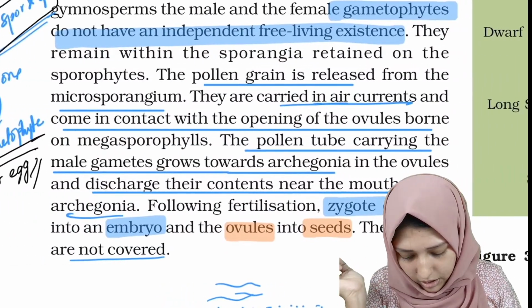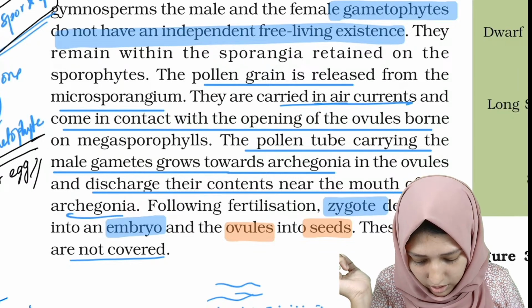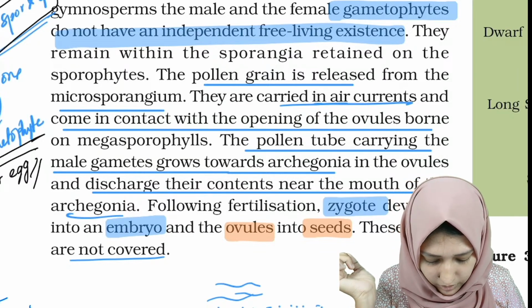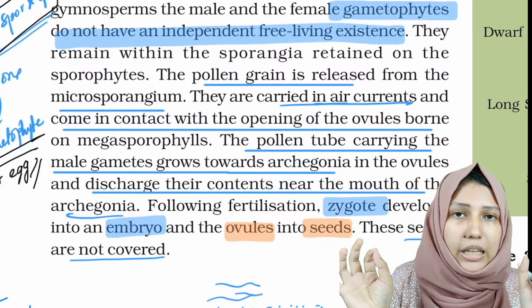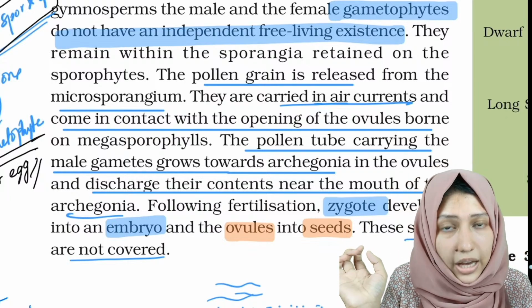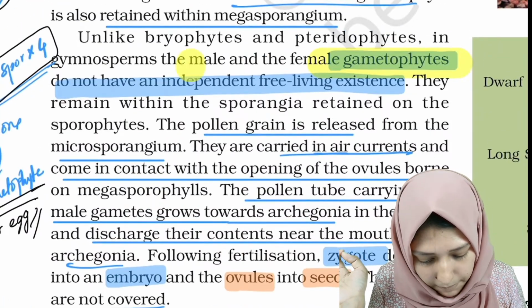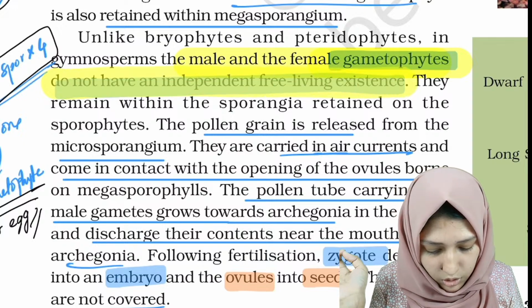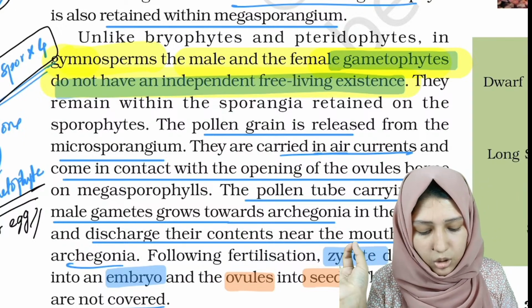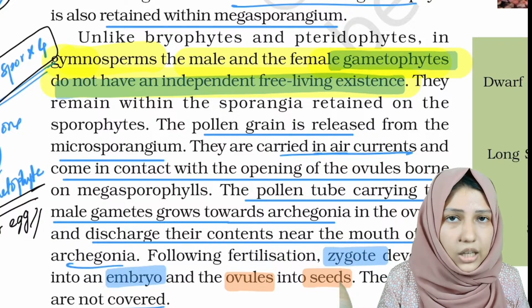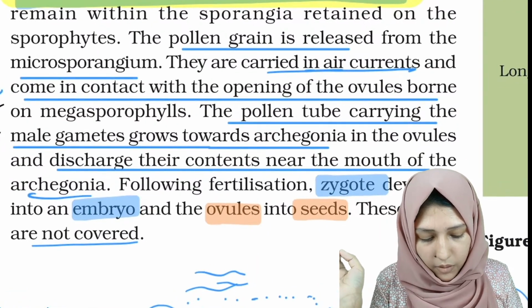In water they were releasing the spores, and these were going to the mouth of archegonia. But in gymnosperms, there is no independent free living existence. Clear?